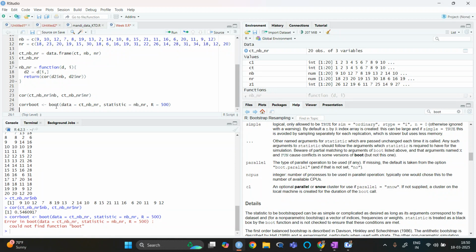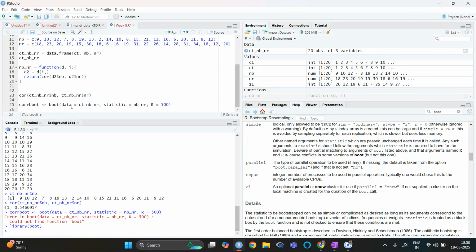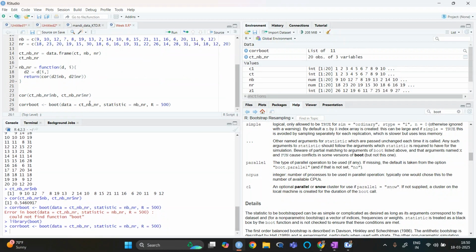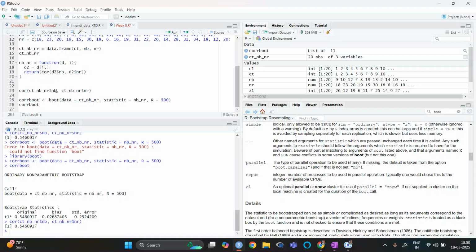Could not find the function boot. Oh, I have not loaded the library boot. Okay, just a minute and I will explain everything. Okay, so this is core boot, this is the original one.